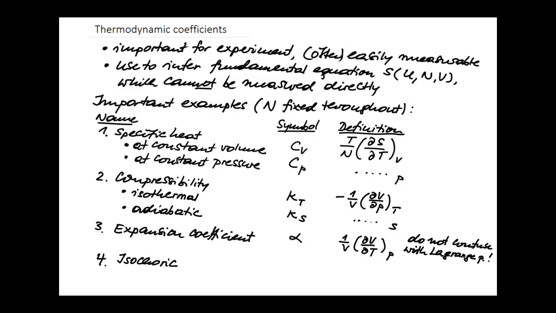It is denoted here, again as a reuse of symbols, by beta with an index V, indicating constant volume, and it's defined as the change of pressure when you change the temperature at constant volume. So this is just a list of some common thermodynamic coefficients.